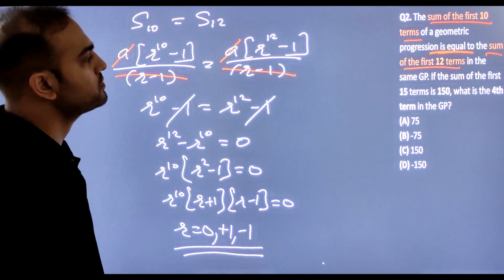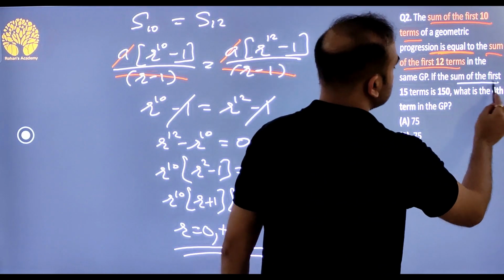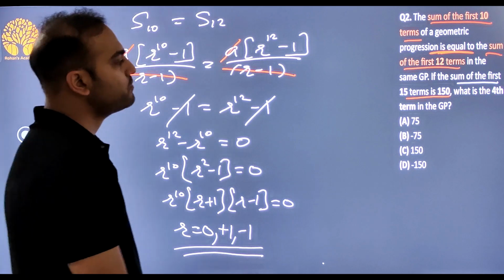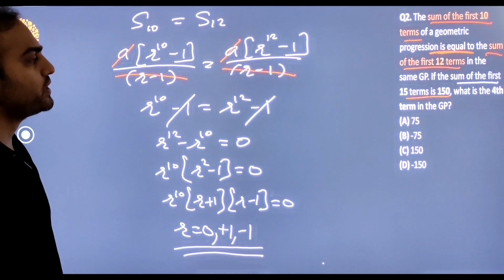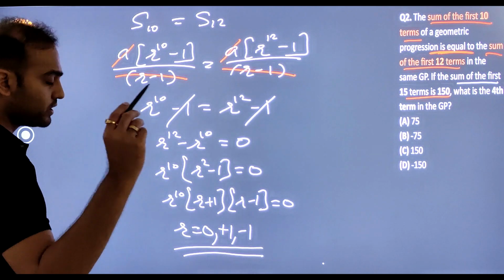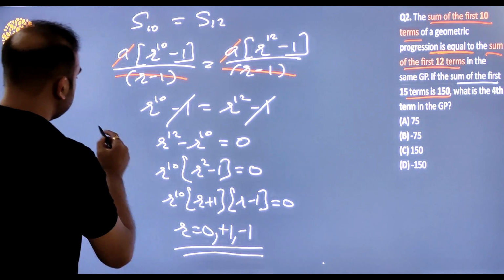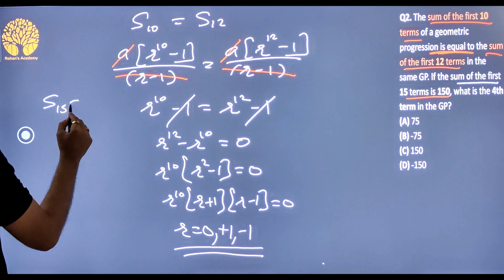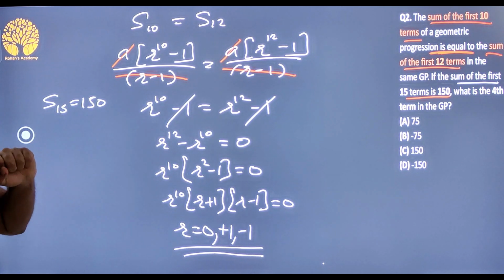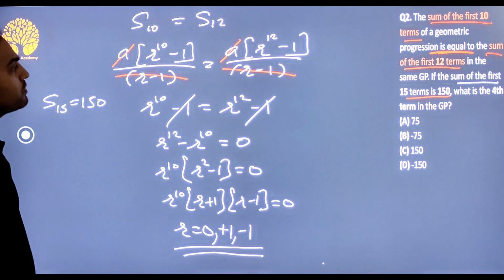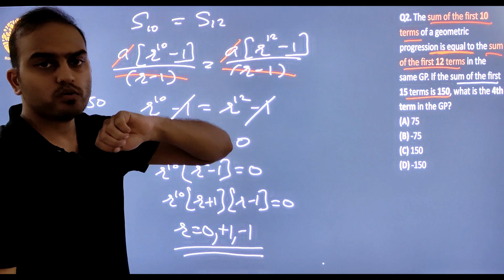Now what do we know? We know the sum of first 15 terms is 150. S15 is 150. Correct? If R was 0, won't all the terms become 0?